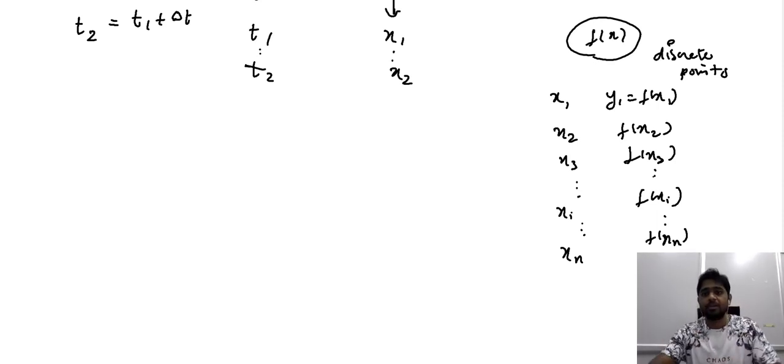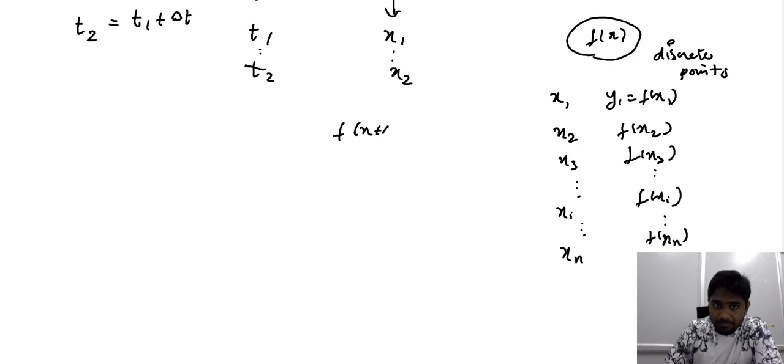Now, of the different approximations that we have seen, one is the forward difference, which is written like this, and the other is the backward difference, which is written in this manner.